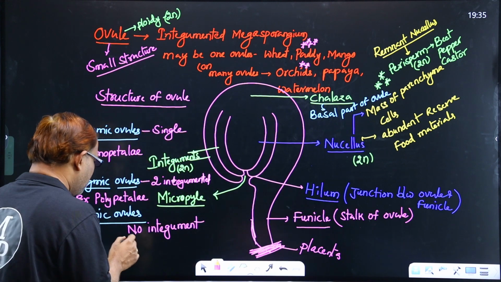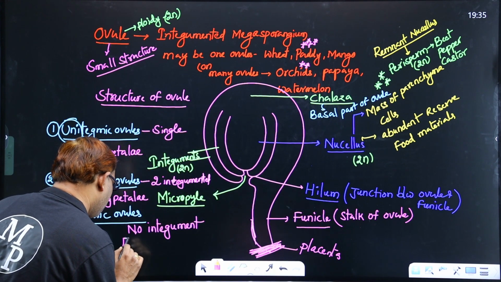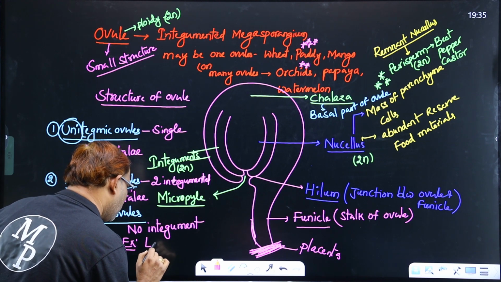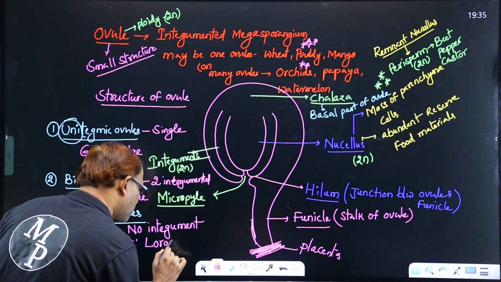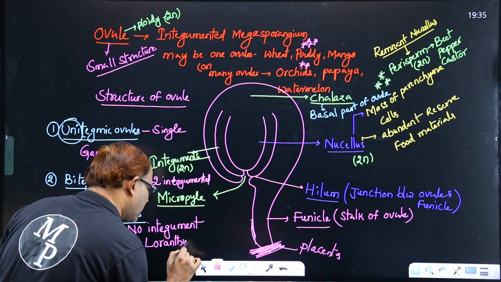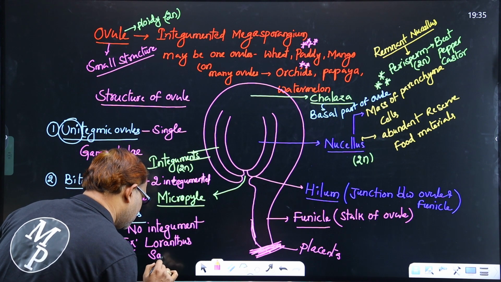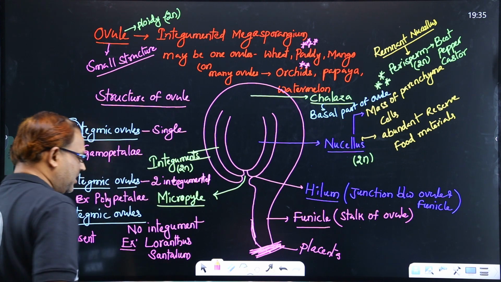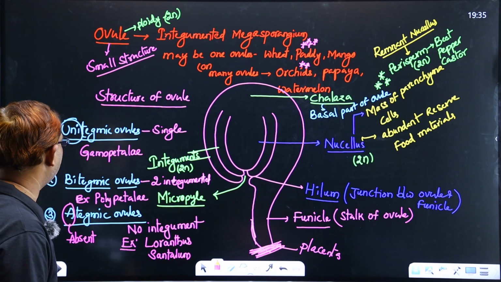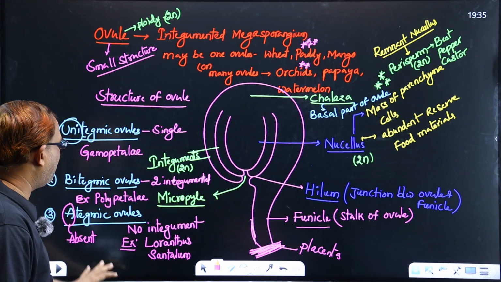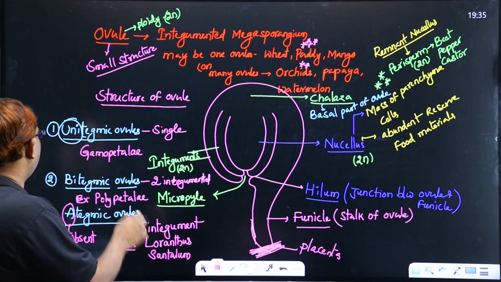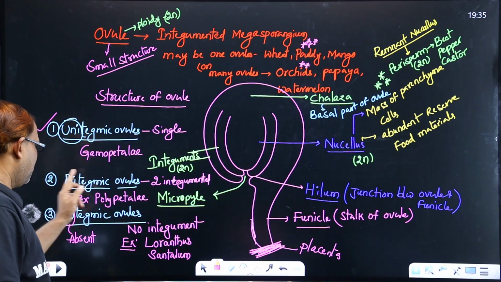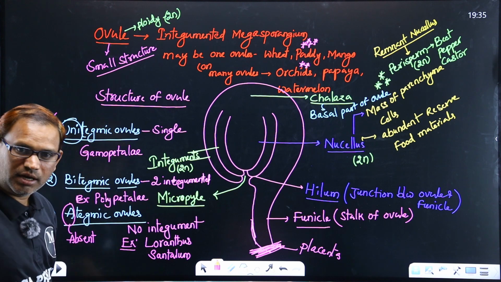The best examples are parasitic plants, that is Loranthus, then Santalum. Loranthus and Santalum are parasitic plants. Parasitic roots are present. Based on the number of integuments, there are how many types? 3 types of ovules: unitegmic, bitegmic, and ategmic ovules.